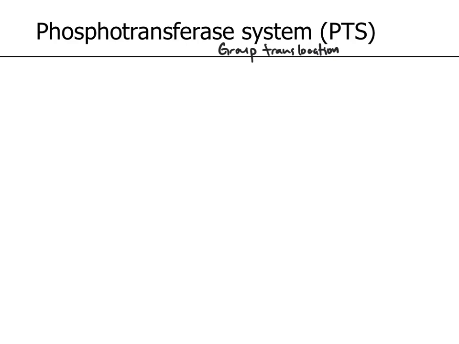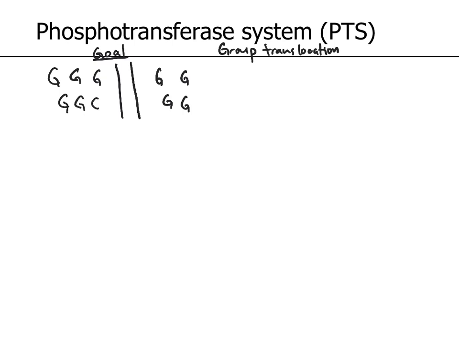So if I draw this here, we're going to do glucose. G stands for glucose. The goal is to get as much glucose as we can in the cell, because the cell needs lots of glucose.